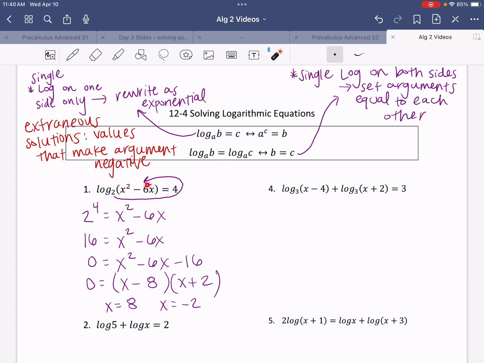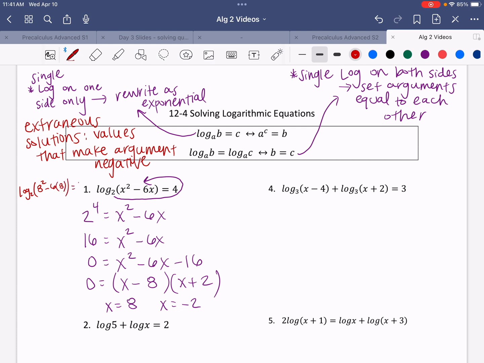I'm not saying that negative 2 is extraneous just because it's negative. We have to go plug it back in and see if it's true, because we know 2 to the 4th should be 16. I'm going to show you the first one here. Let's see, I'll write it over to the side. If I do the log base 2 of 8 squared minus 6 times 8, you're using that answer in both places.